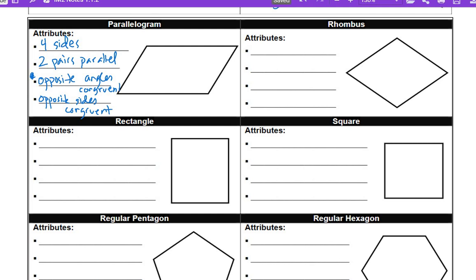So for the side lengths, I'll do that in blue. I will do the angles in pink. And I will do the parallel sides in green.